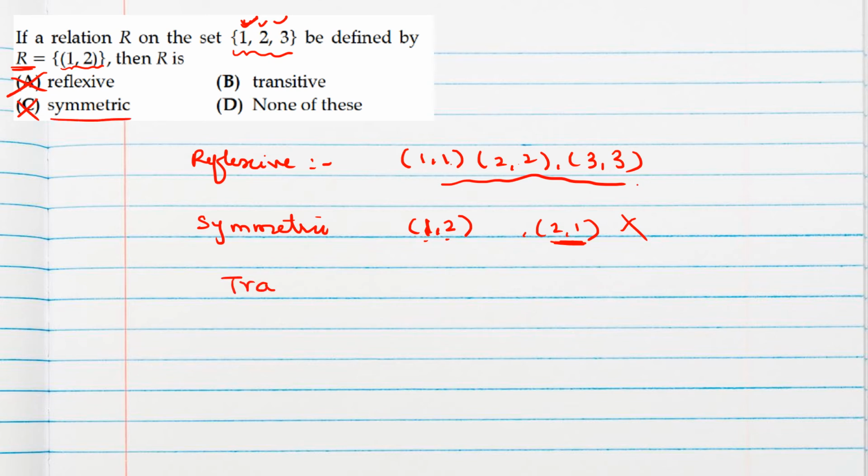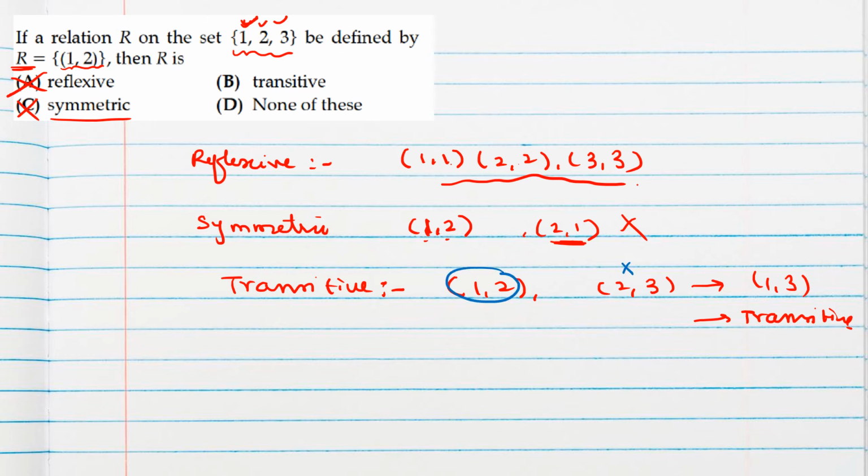Okay, now for transitive, if (1, 2) is there and some other element (2, 3) also is there, and if (1, 3) is there, then we will say transitive, isn't it? This is one way. Or the other way is (1, 2) is there but this element is missing, no, that means there is no question of checking for this element.